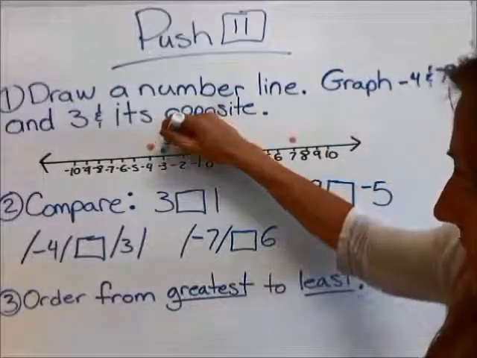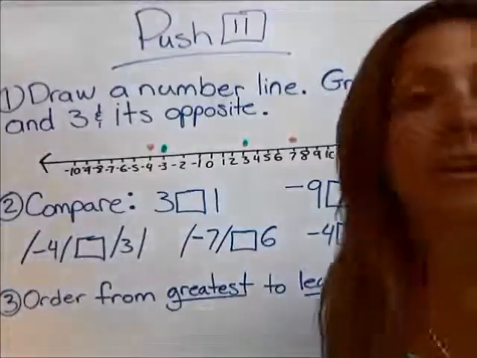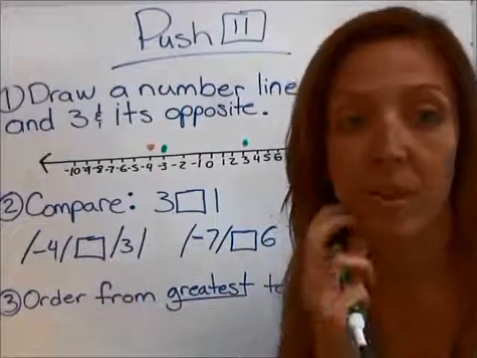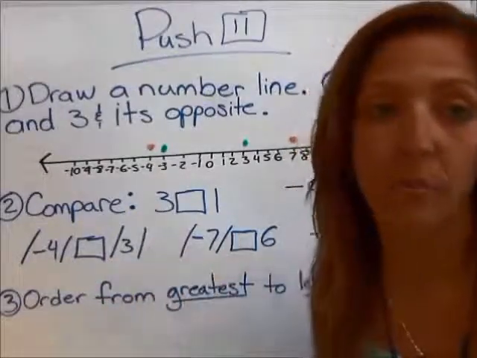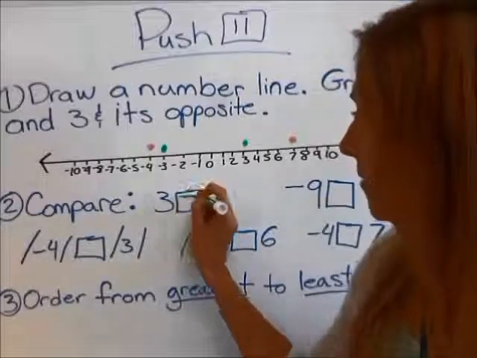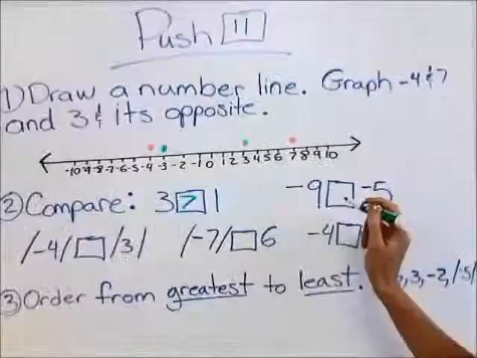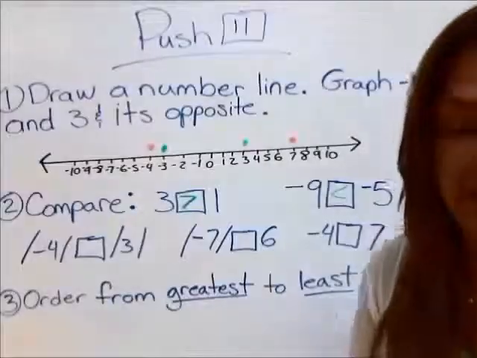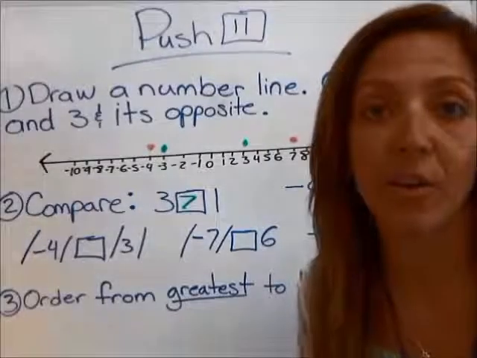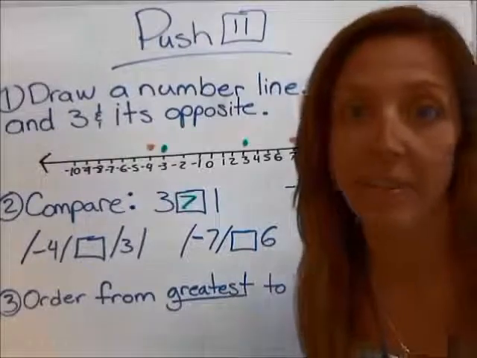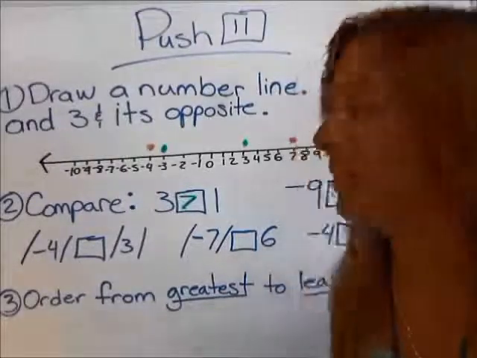And there's the opposite of 3. Number 2, compare 3 and 1. Which one's greater? 3. Compare -9 and -5. -9 is less than -5 because -9 is further to the left, and left is least. It's farther away from 0.